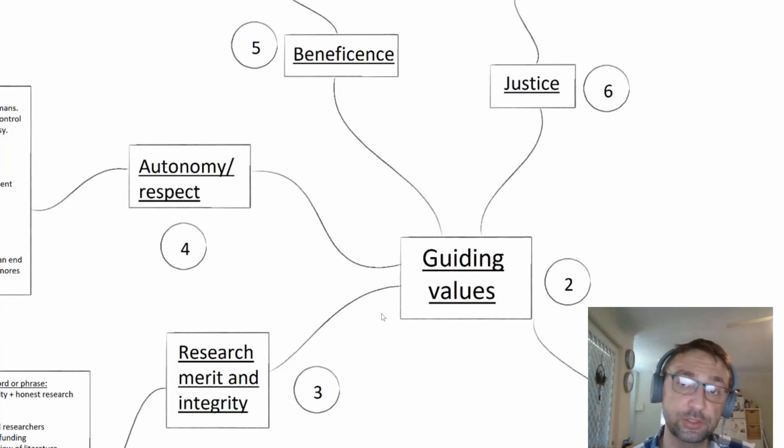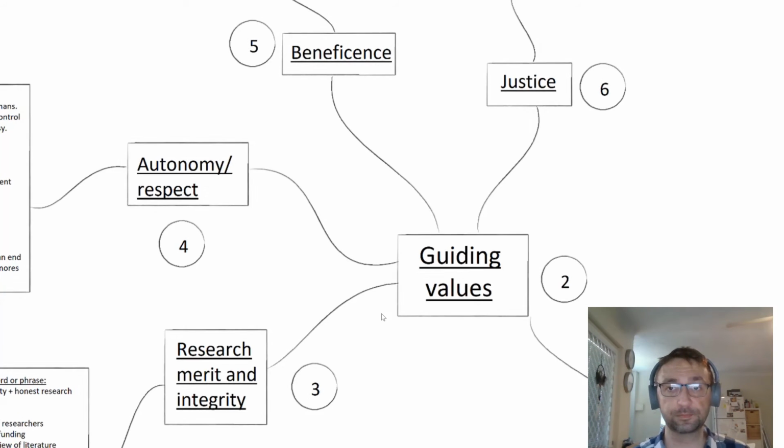Beneficence, which means do good and don't do harm, and justice, which means treat everyone equally, meaning that all humans are due the right to be treated as equal human beings, deserving of benefits of research and deserving of sharing the burdens of risk and not just being burdened with that. Okay.